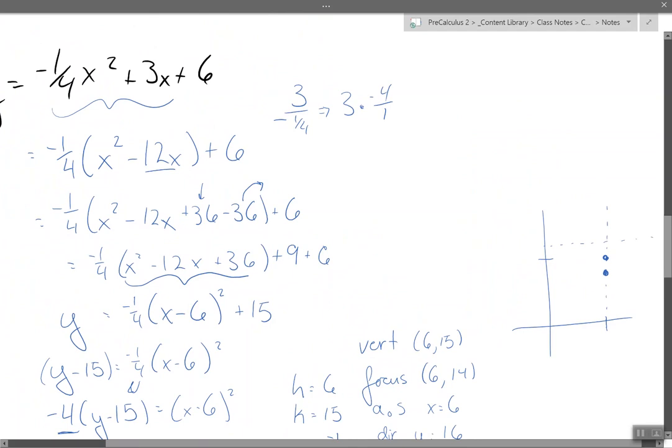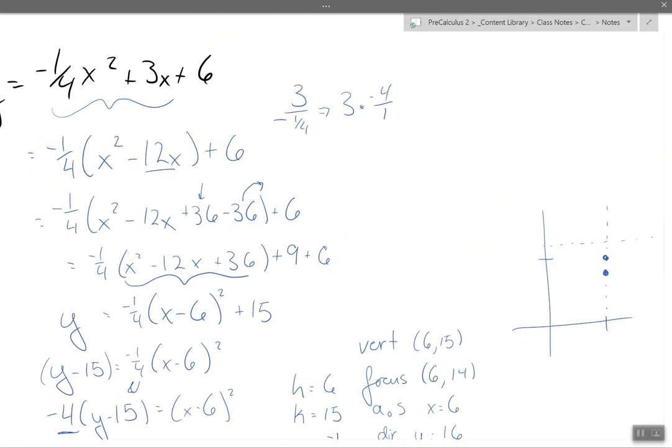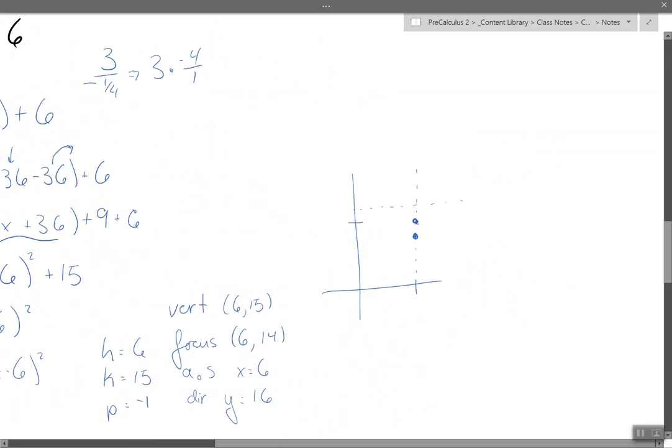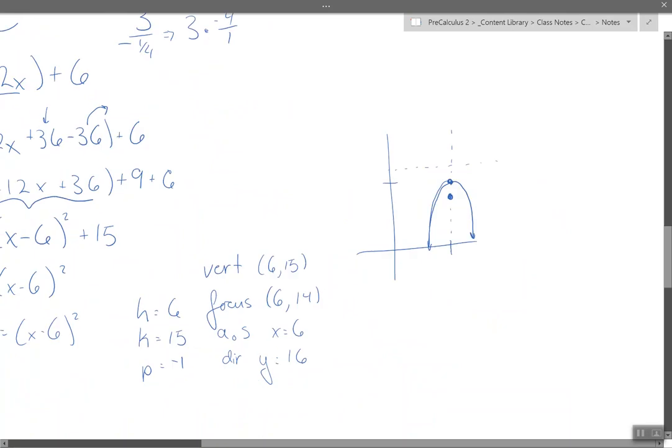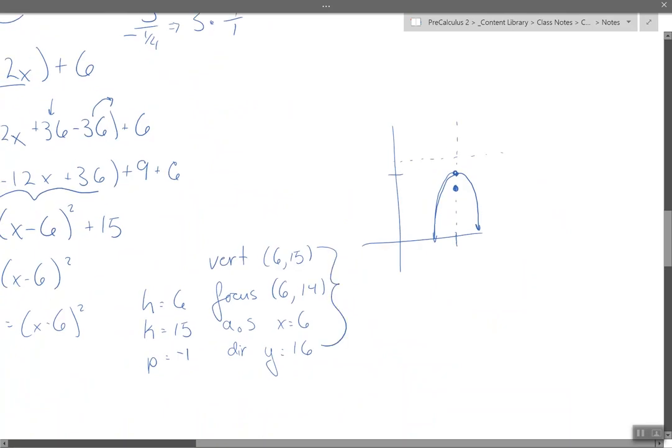Since it's an x squared and it's a negative leading coefficient, that is a downward opening parabola. Again, something we should have covered somewhere in algebra. So this should make sense when we fill in this parabola. It is eating the focus, and there we go, something like that. Again, that's very approximate, but it gives us all of those important features that we were looking for.